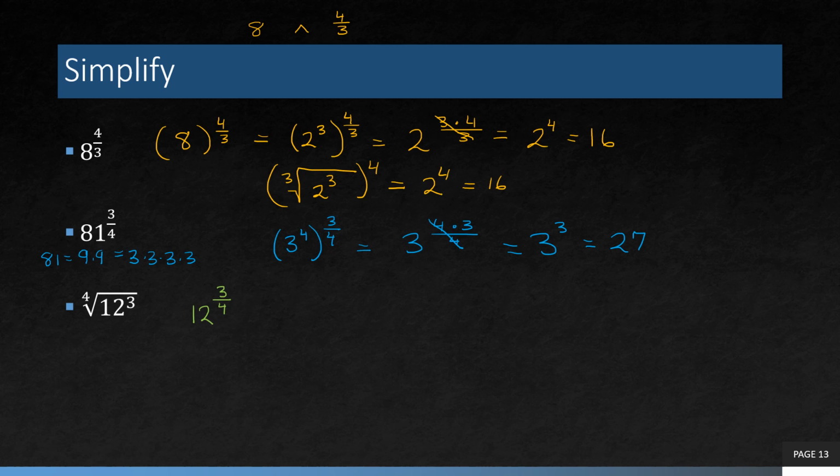So I could take 12 to the 3/4 and put that in the calculator and get an approximate answer. If you tried to factor out the 12, that is 4 times 3, or 2 times 2 times 3, and really nothing. Notice there's no 4th power in there to get any radicals canceling out.